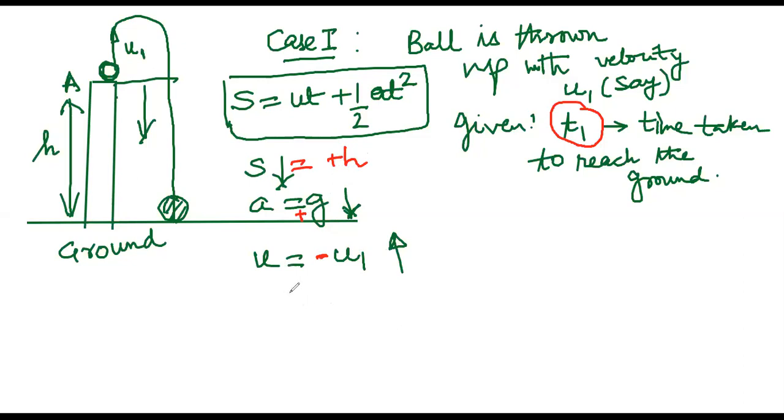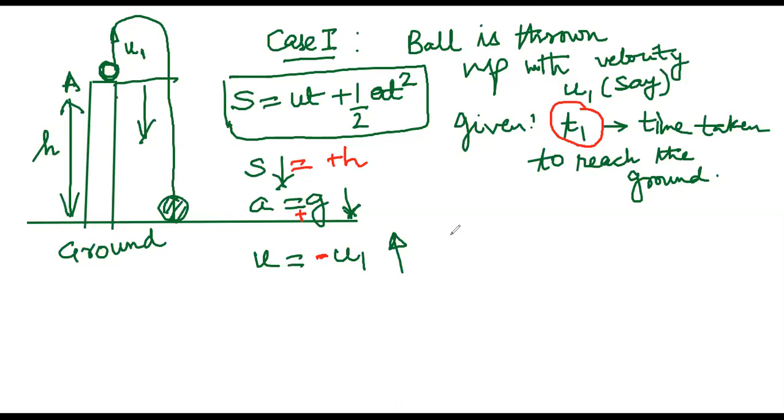So I have taken u equals minus u1, a equals plus g, and s equals plus h. Why? Because the displacement and the acceleration are directed downward, and the initial velocity is directed upward. So we have taken it like this.